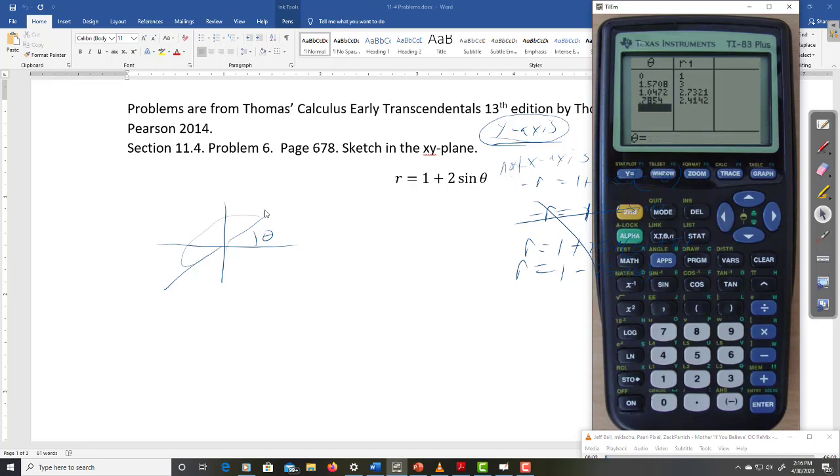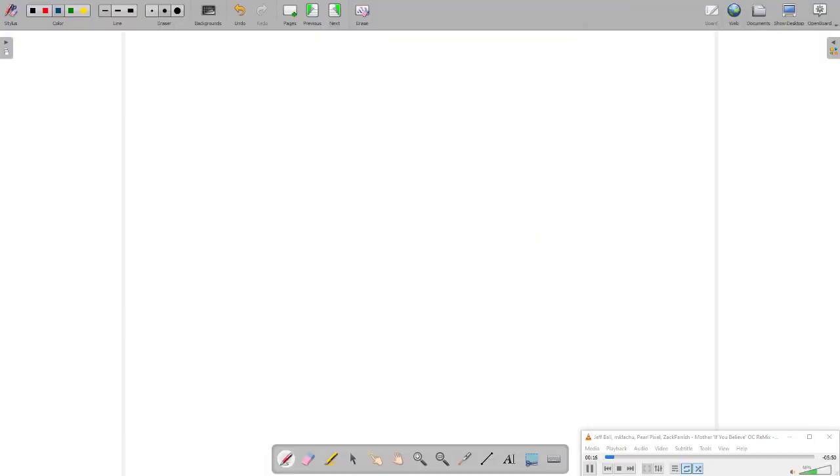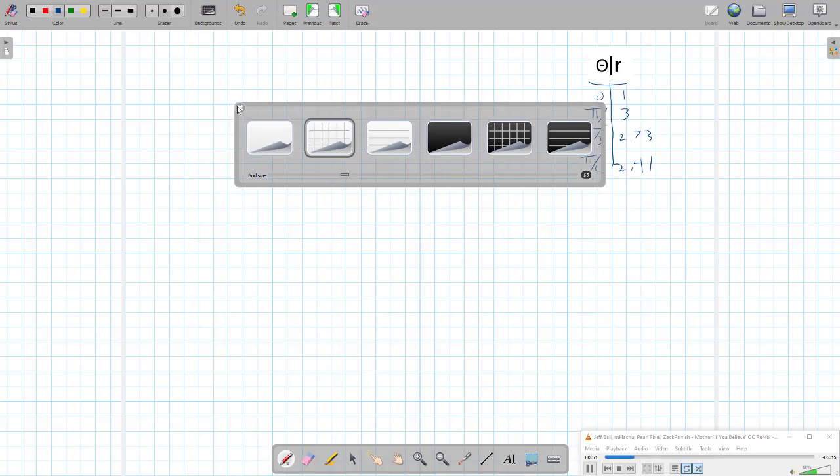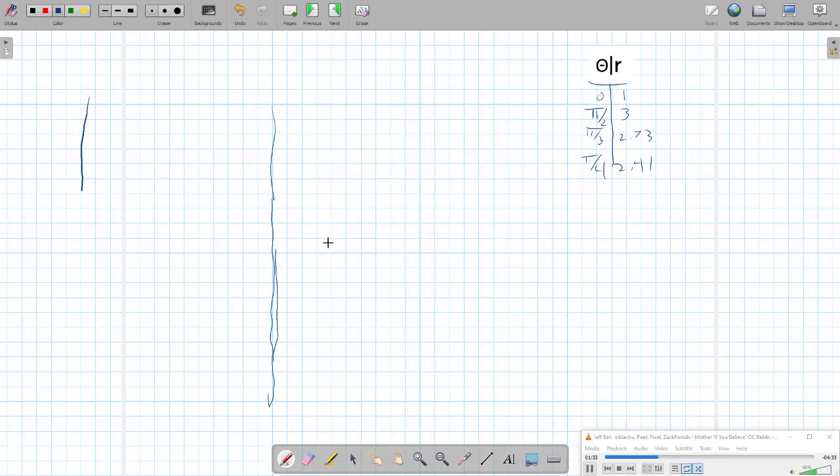Alright. So, if you wanted to sketch this, here's our point table. (r, theta): at 0, it's 1; at pi over 2, it's 3; at pi over 3, it's about 2.73; at pi over 4, it's 2.41. So, get our graphing background out. It just depends on how big you want your units to be.